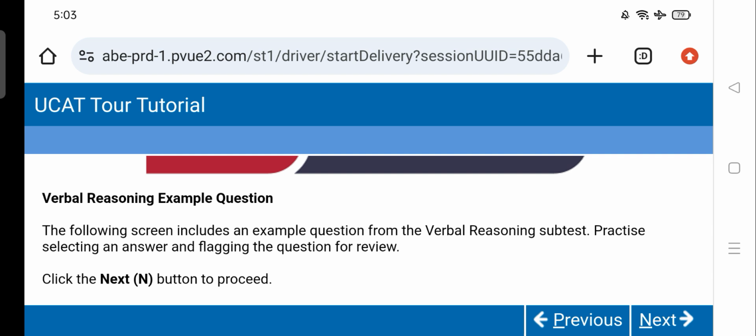We can also flag that question for review if we don't know the right option or if you want to recheck it again. Now click the next button to proceed. If you want to proceed to the next screen, we can click the next button that is given in the bottom right corner.